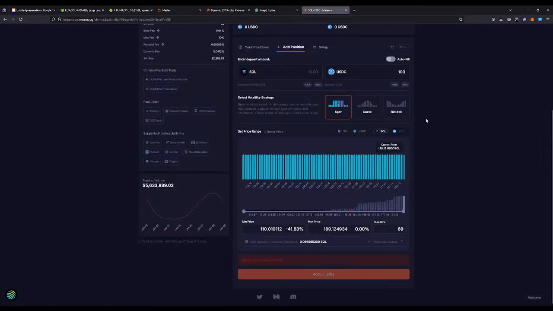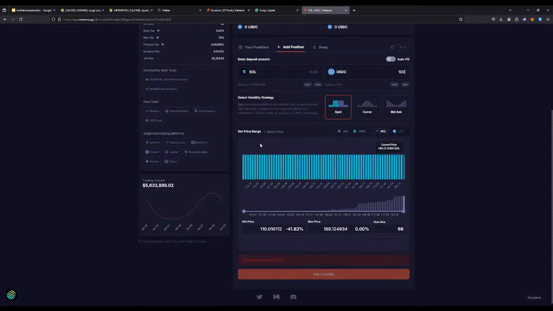Because there are basically 3 ways in which you can add your liquidity on Meteora, and these 3 ways are plenty to create your own strategies at all kinds of various price points. So the first method is the spot method.